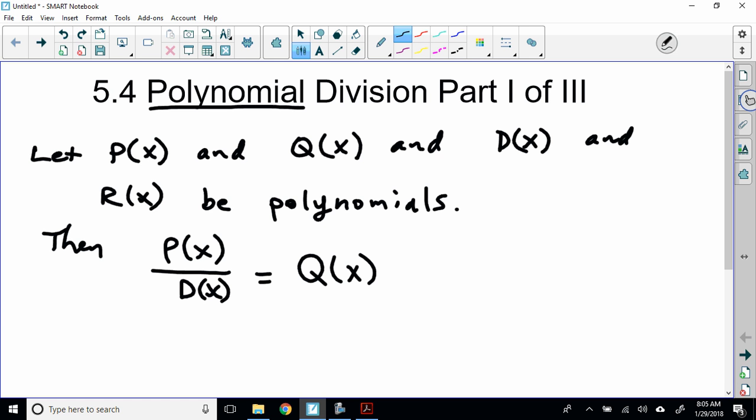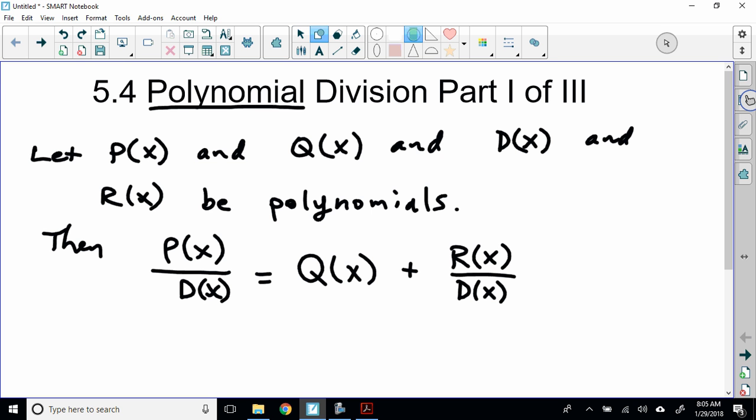And then what do we do in the event that there's a remainder? We add it as a fraction, so we add the remainder, and the remainder is over what? The original divisor, right?